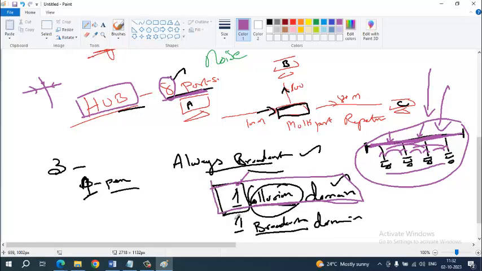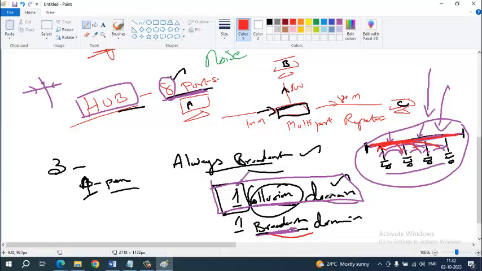Not only that, if someone wants to send a broadcast, what is broadcast? Sending to everyone. They will use the same backbone which is also controlling the collision. It's the same backbone which is also going to be used to go to everyone, which is called broadcast. So you get only one collision domain and one broadcast domain in a hub.